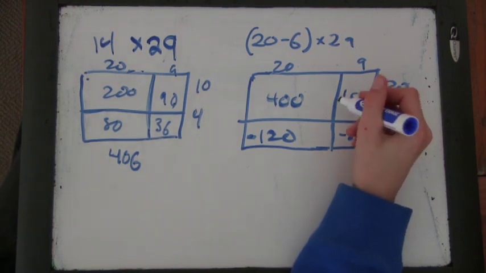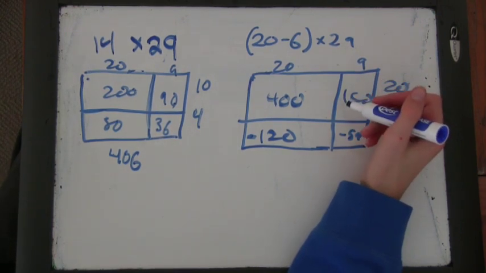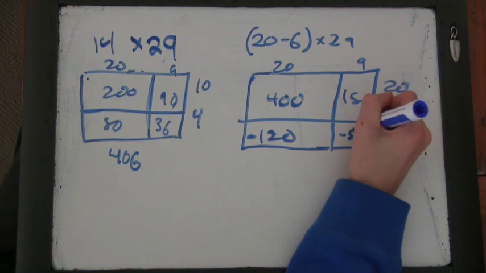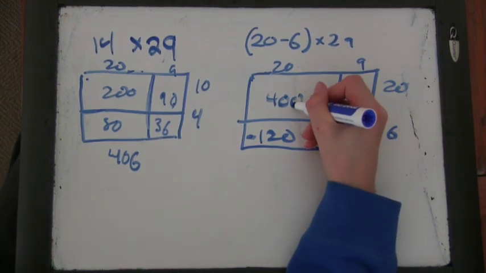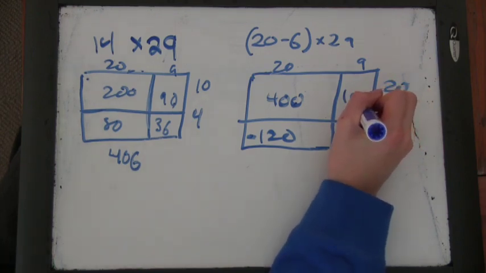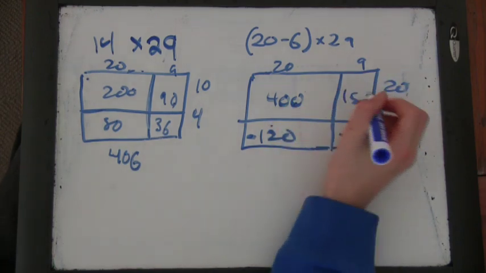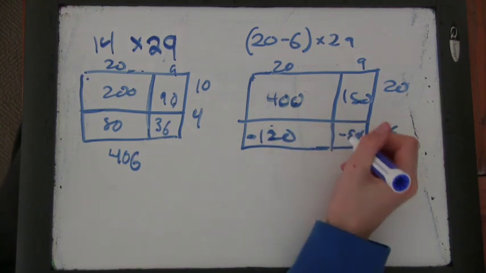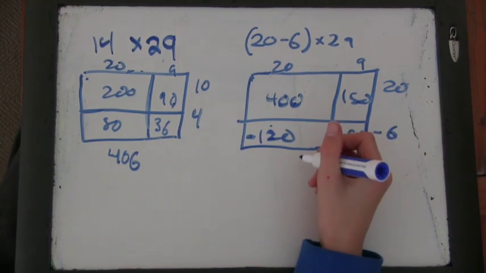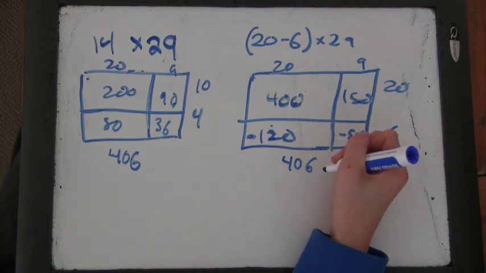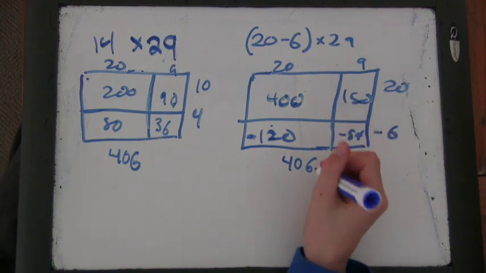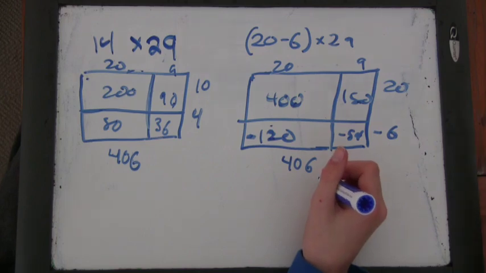So we get 400, we go up to 580, we go back down to 460, subtracting 54, we get 406 again. Okay, is that good that we got the same number? Yeah, we want to get the same number because 20 minus 6 is the same as 14.